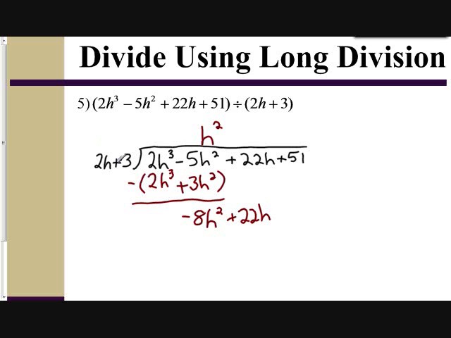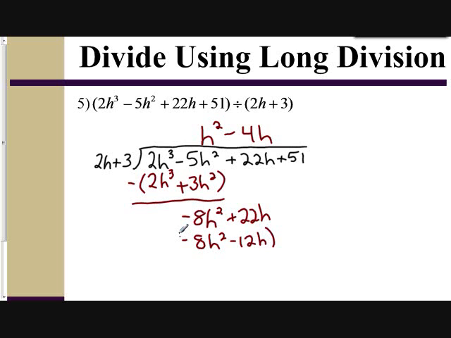And we take a look, what do you multiply 2h by to get negative 8h squared? And that would be a negative 4h. Distribute negative 4h to both terms, and you're going to get negative 8h squared minus 12h.